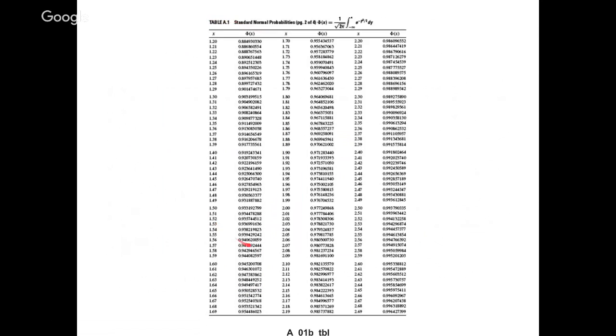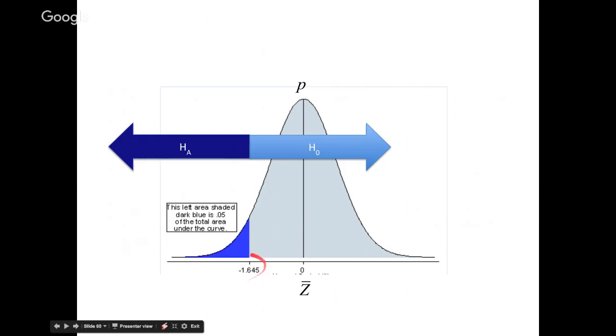Remember, this table is only valid for positive values of the critical Z. But it's totally symmetrical, so we can come up to 95%, pull out 1.65, and then the corresponding value for the 5% probability in the left tail is going to be minus 1.645.